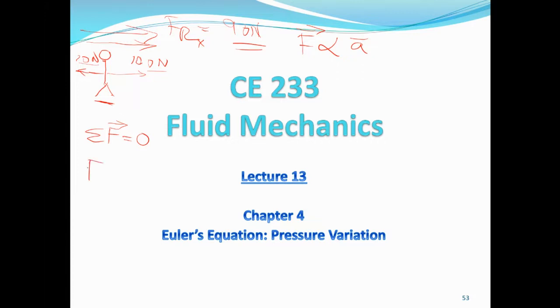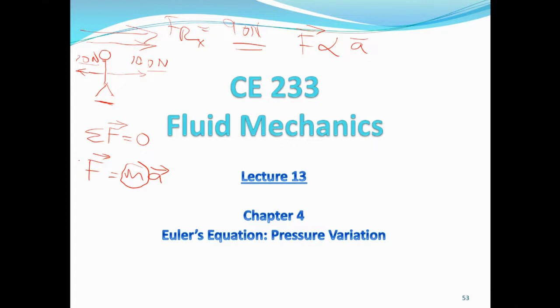When we remove the proportionality sign, we introduce a constant, which is the mass of the object. And that tells us about inertia. Mass constitutes the inertia, the reluctance of the body to move if it is at rest, or the reluctance of the body to stop if it is in motion.